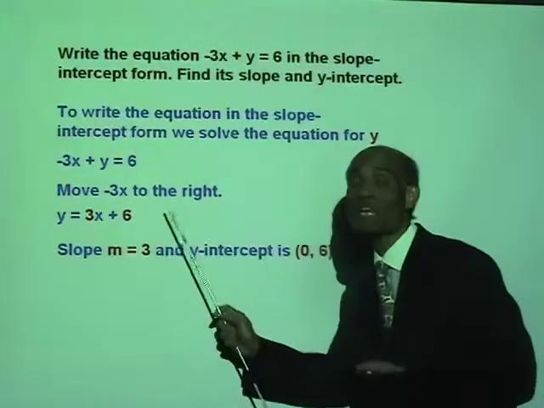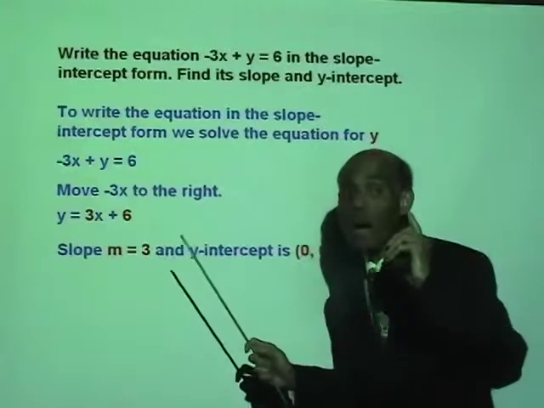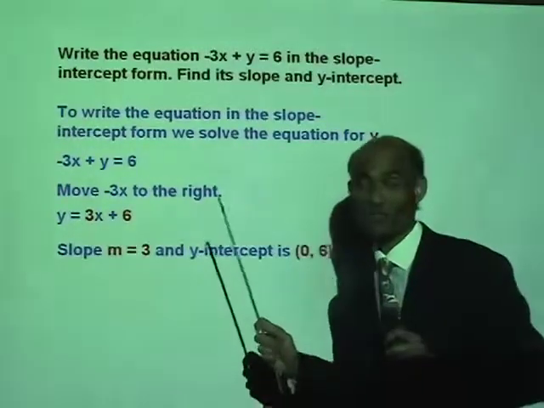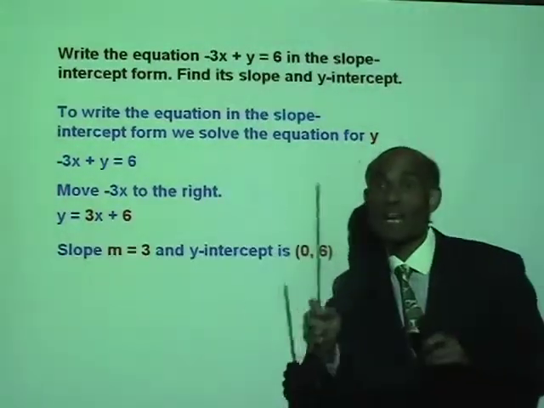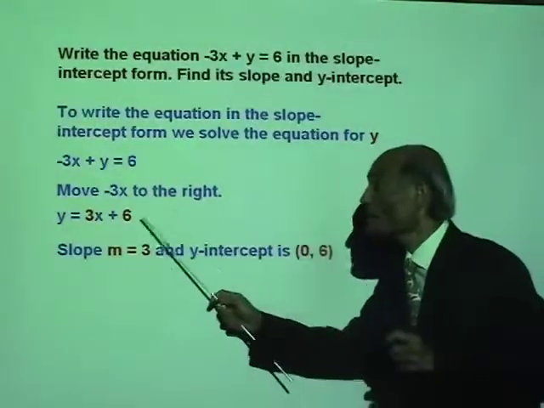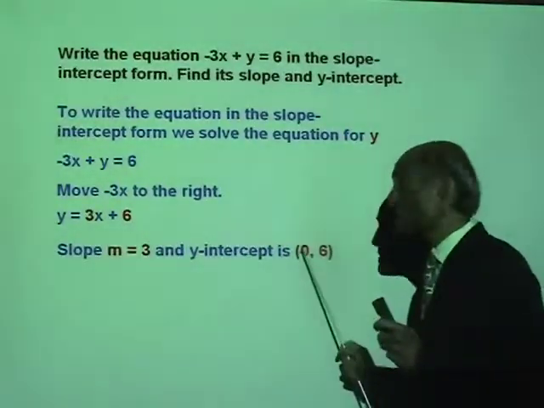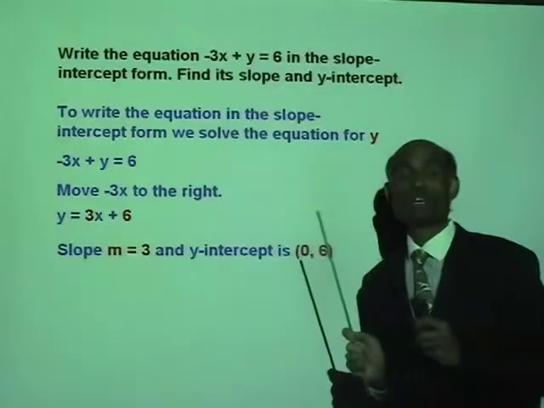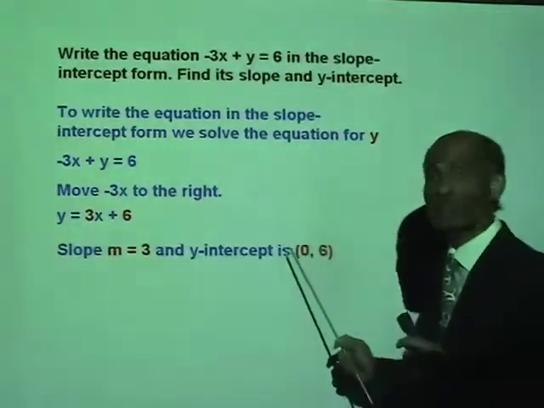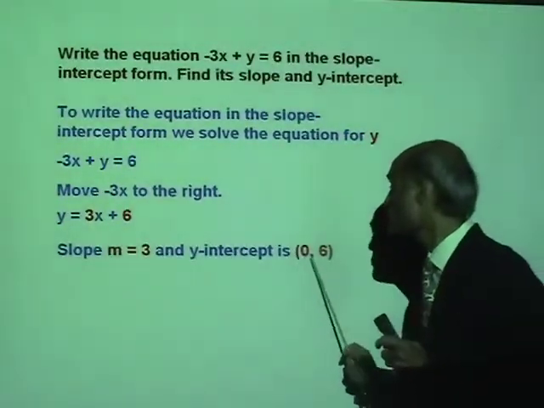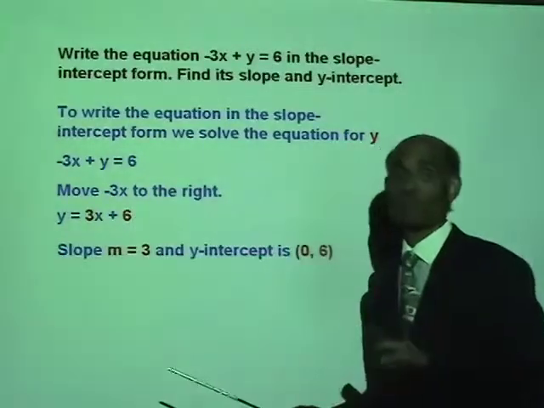That means b is the value of y on the y-axis where the graph will cut. And the x value corresponding to that is 0. So the y-intercept is given by the ordered pair 0, 6.